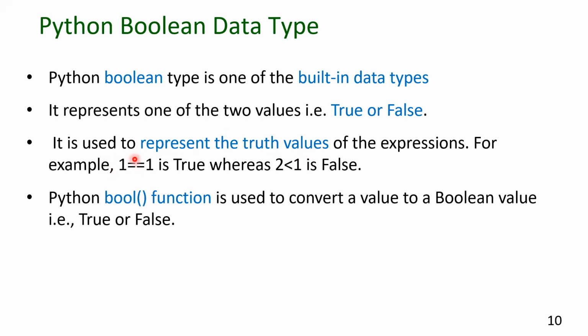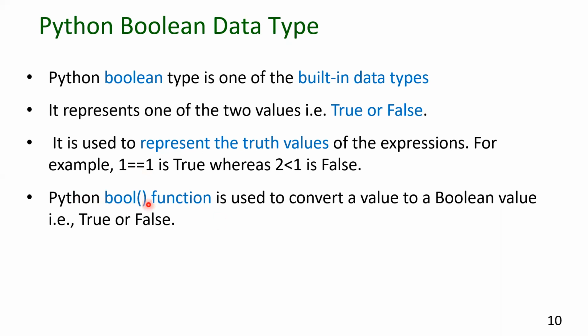For example, if you consider an expression 1 double equal to 1, wherein we are checking whether the values on either side of equal to or not, it is going to return true. Whereas 2 less than 1, which is a false statement, in such a case, this expression is going to return a value which is false of Boolean type.